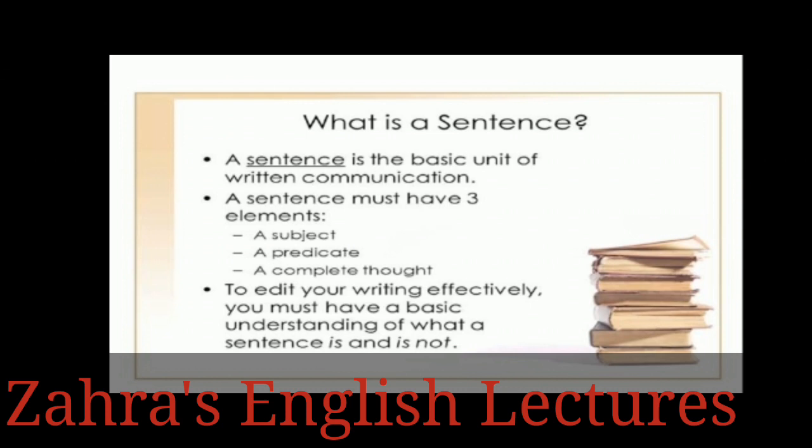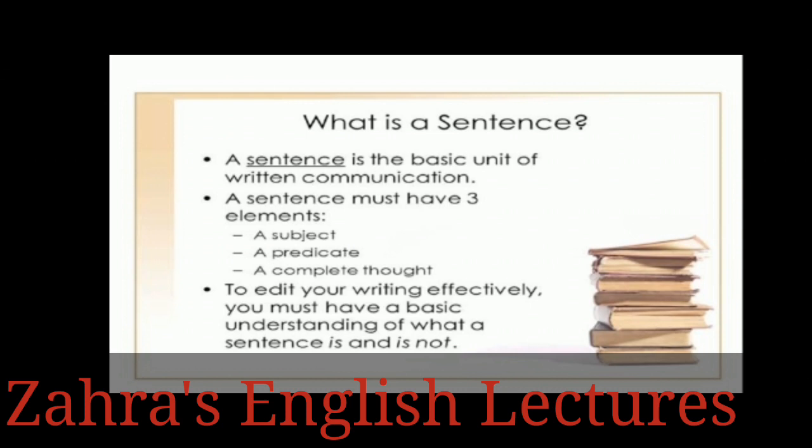A sentence is the basic unit of written communication. It is the basic unit, the first and foremost unit. And a sentence must have these three elements: a subject, necessarily, a predicate, and a complete thought. Predicate means it should have a verb, and an object. Now, subject is the doer of an action, the initiator of an action, the source of an action.